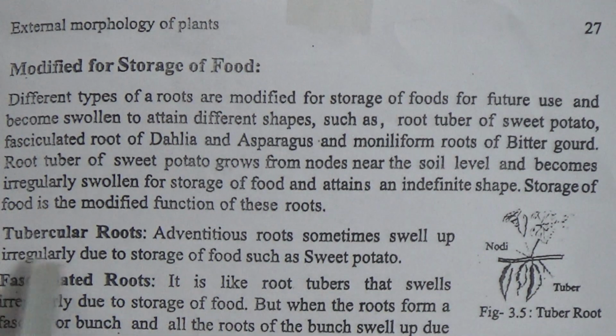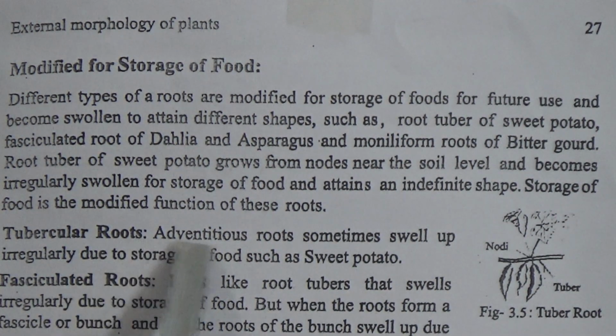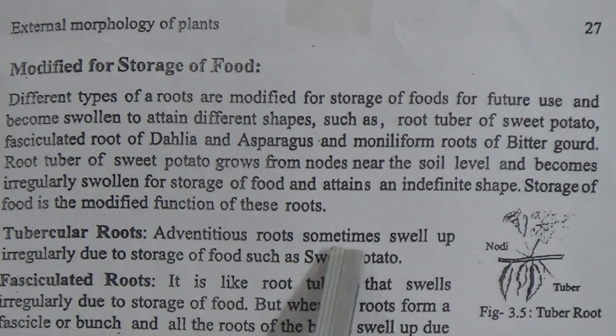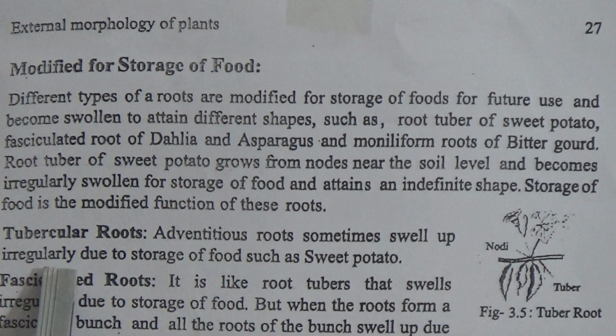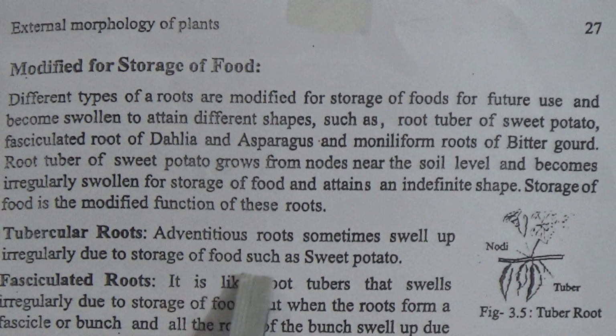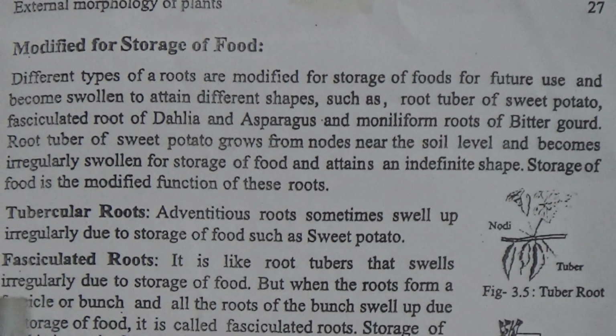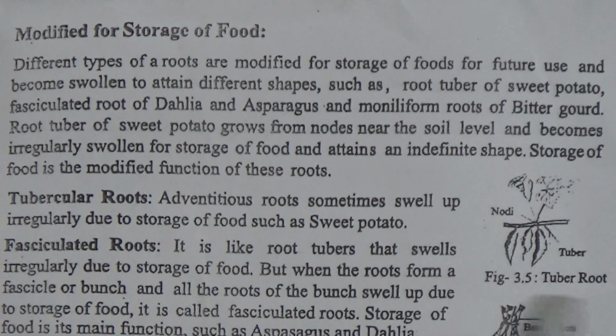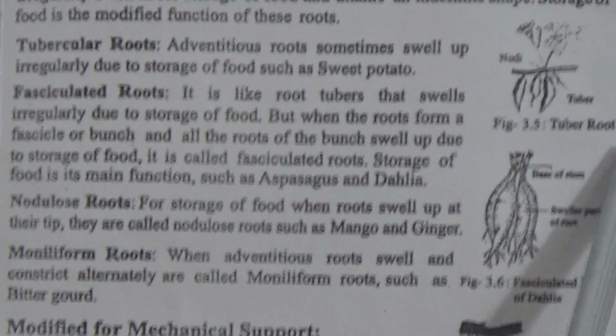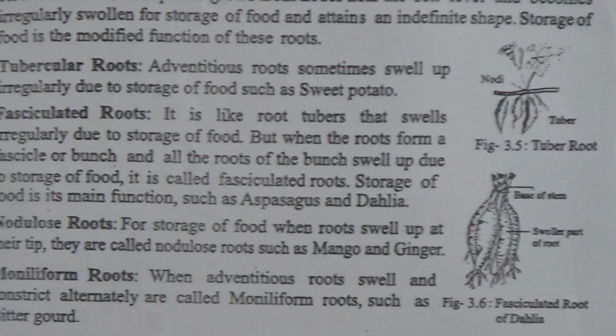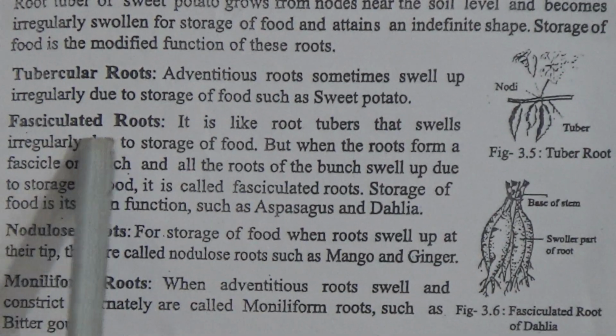Now, tubercular roots. Adventitious roots sometimes swell up irregularly due to storage of food such as sweet potato. Here is the picture of tubercular roots. And now, fasciculated roots.